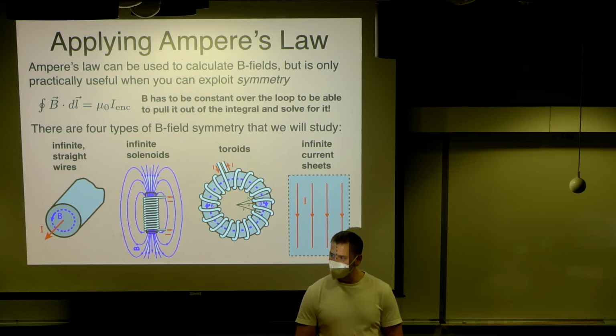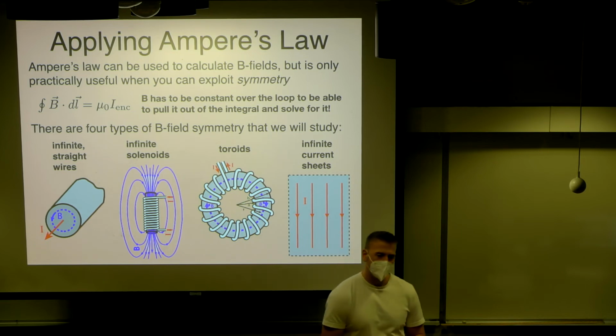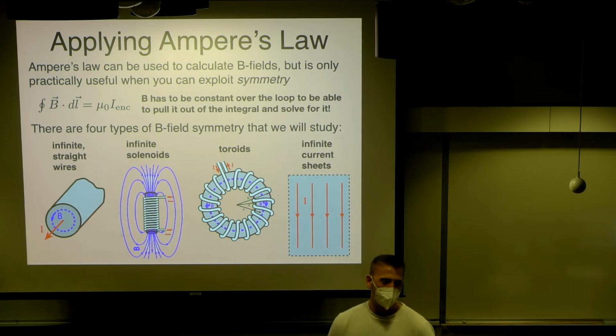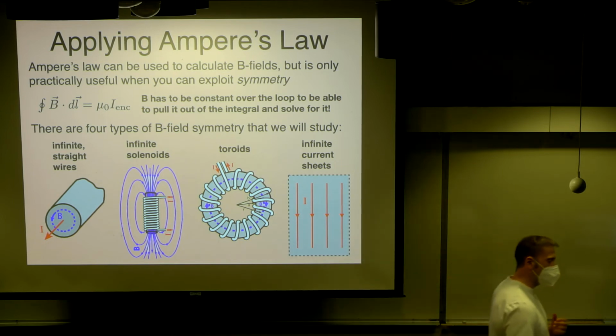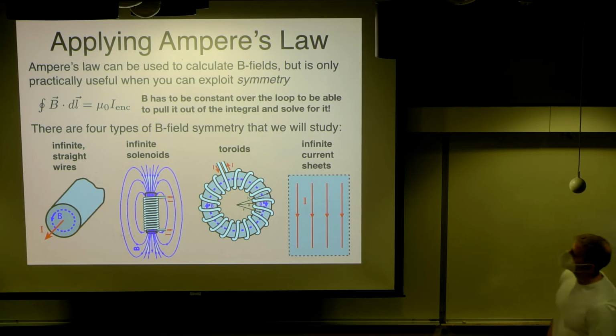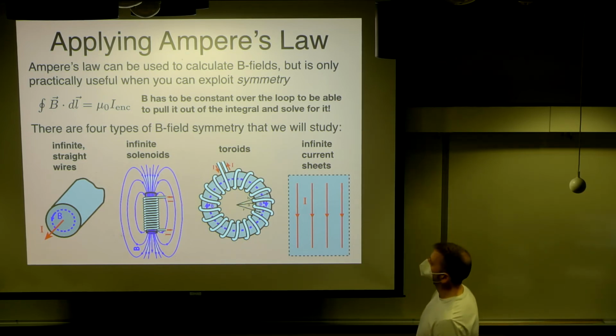Remember, we had spherical symmetry, we had planar symmetry, we had cylindrical symmetry. When it comes to B fields, the types of symmetry we can use are different, because B fields are a bit different from E fields, but the same basic idea holds true. We can only use Ampere's law to calculate a B field if there's some kind of symmetry to exploit.